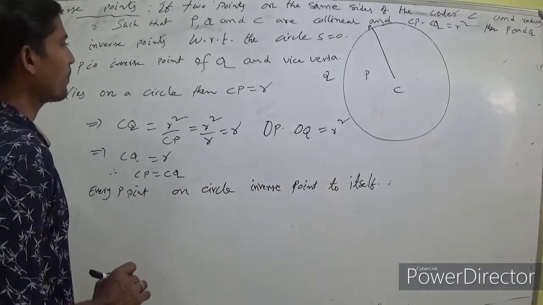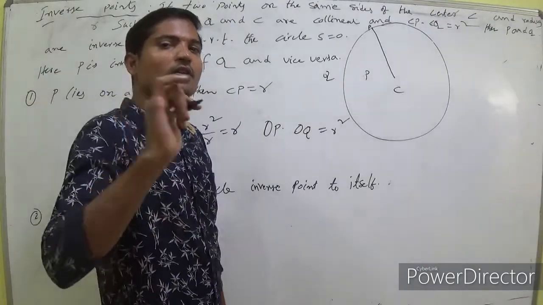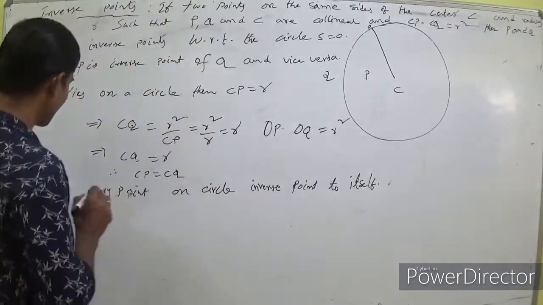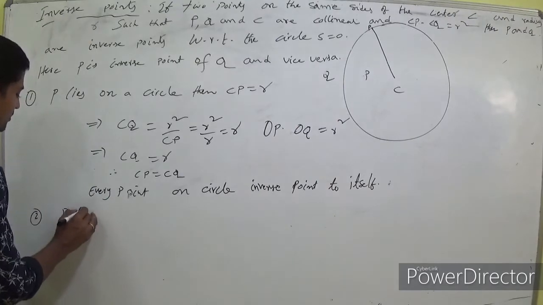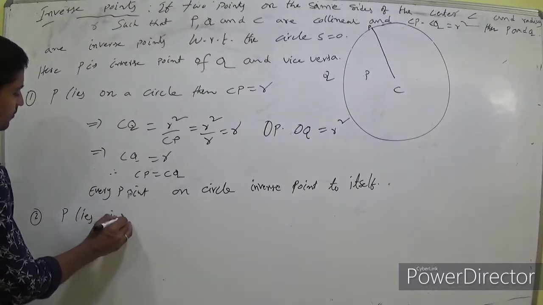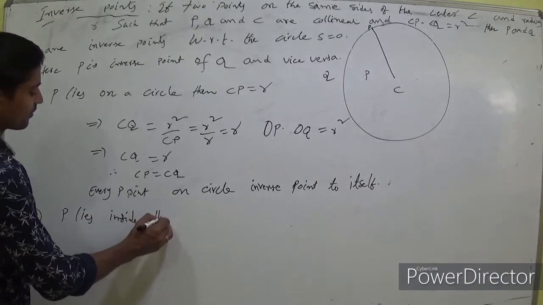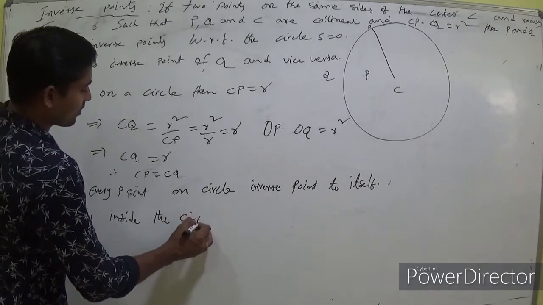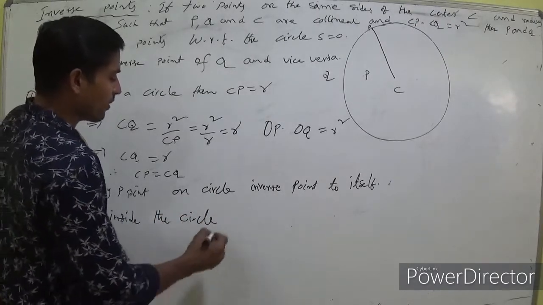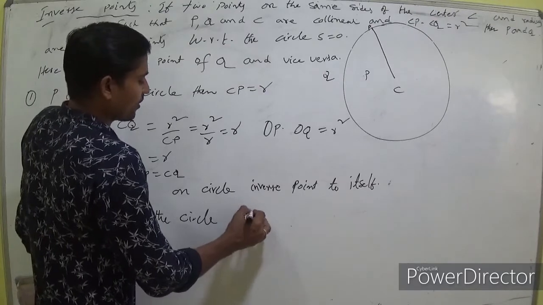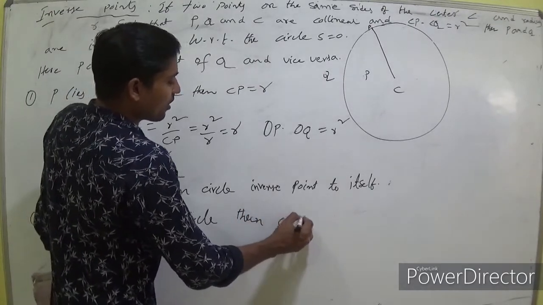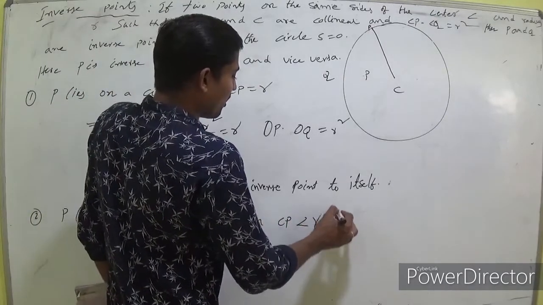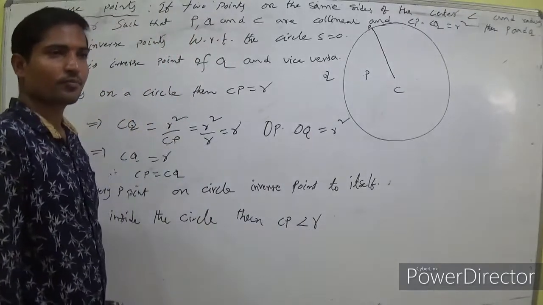Suppose P lies inside the circle, then CP is less than R, right?